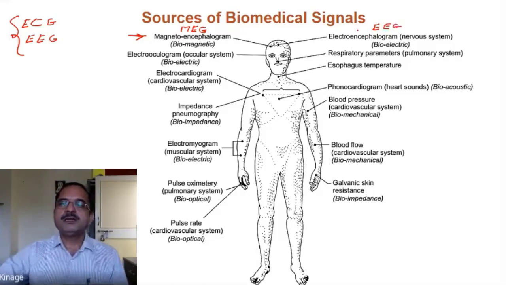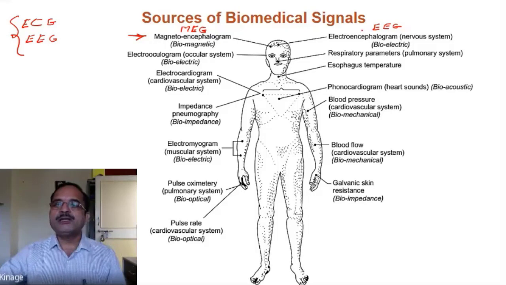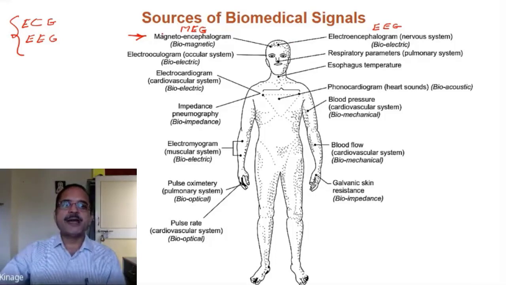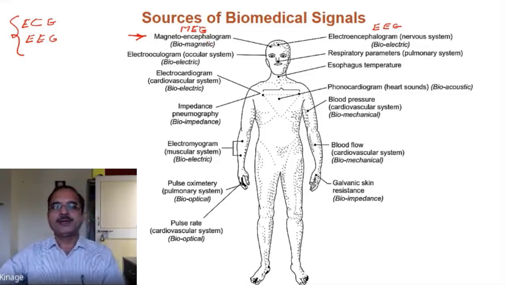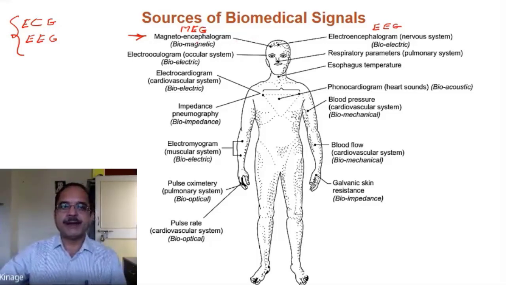When you say electroencephalogram, it is the electrical signal related to our brain, whereas magnetoencephalogram is the measurement of the magnetic field related to the brain. Encephalo means the nervous system, that means the brain. M means magneto, E means electric. Gram stands for the measurement.